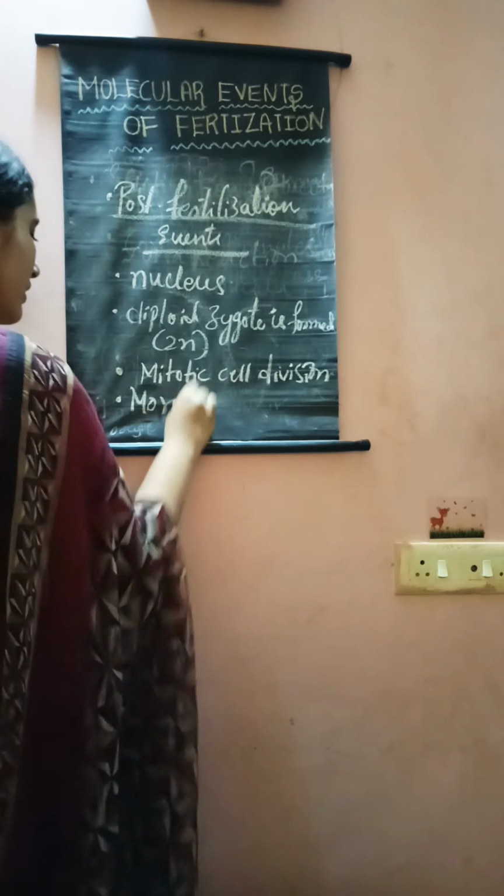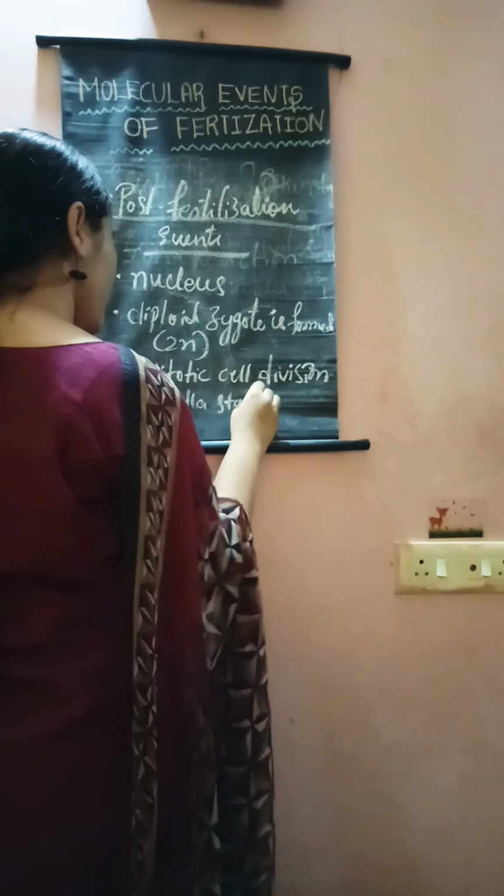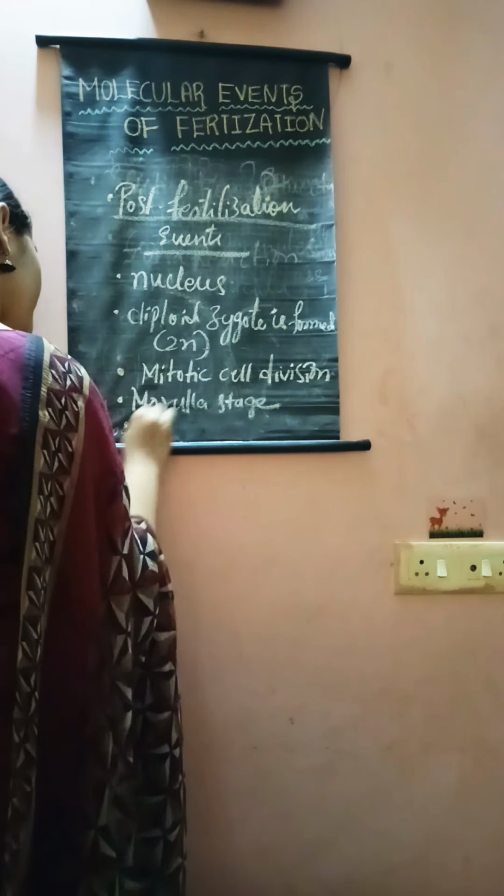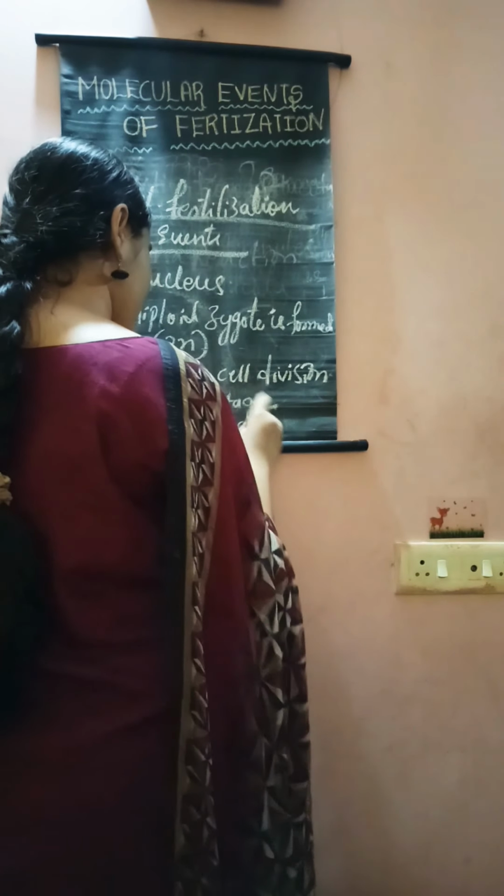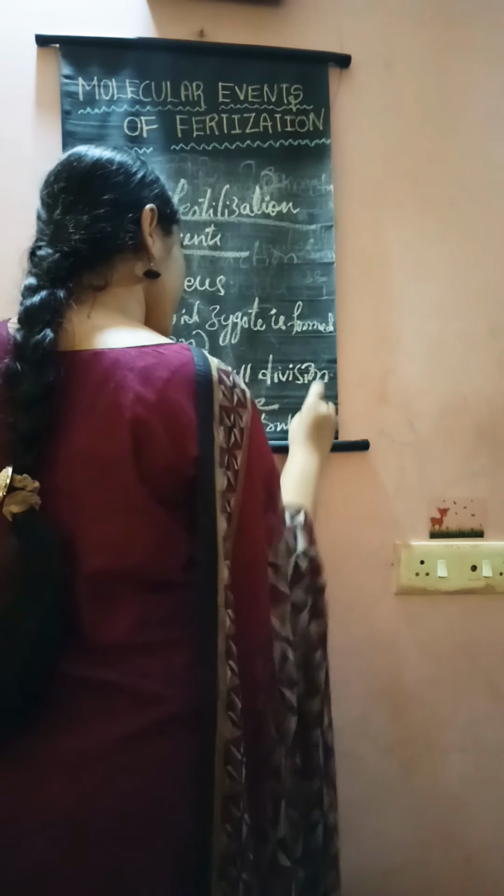Then the morula stage, followed by a blastula. Then gastrulation. Gastrulation is development of tissue layers. Then implantation. Implantation is through a placenta.